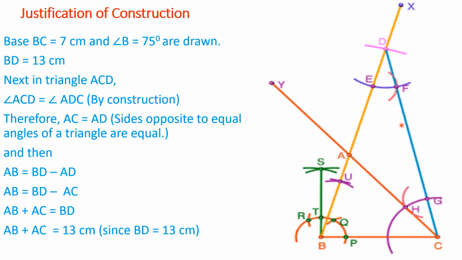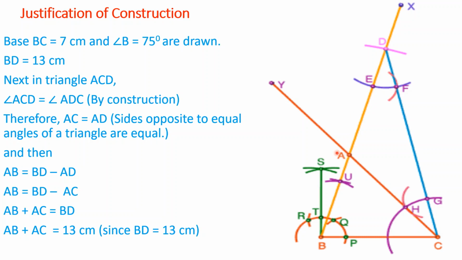Now we know side opposite to equal angles are also equal. In triangle ACD, side opposite to angle C is AD and side opposite to angle D is AC.